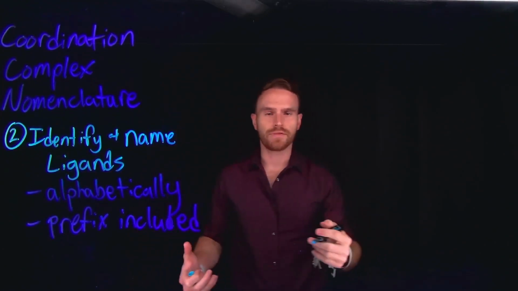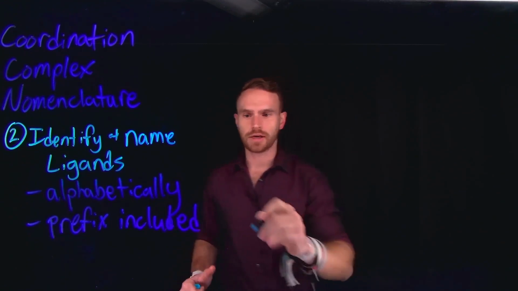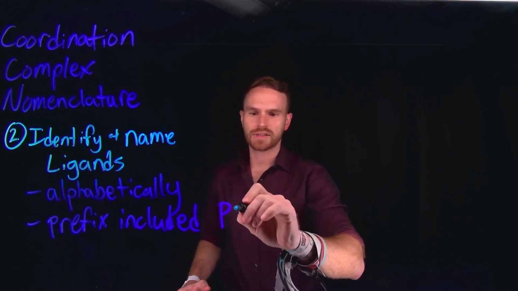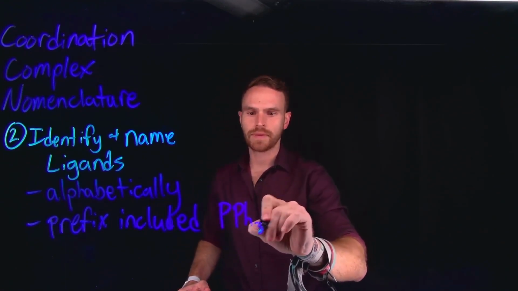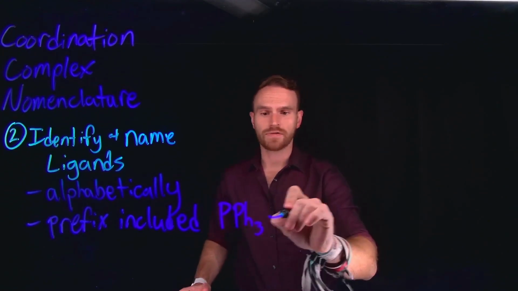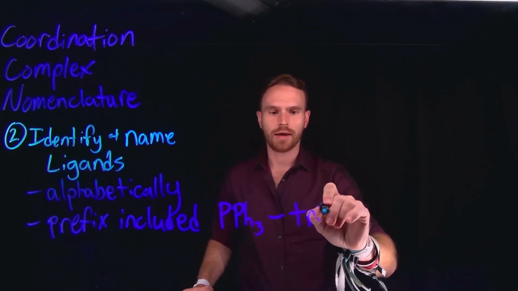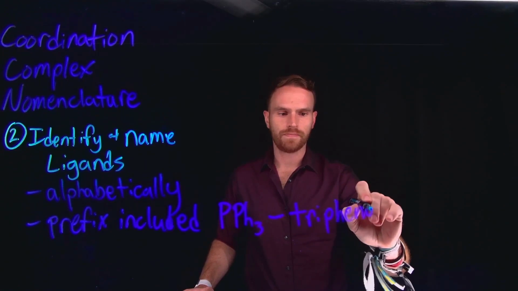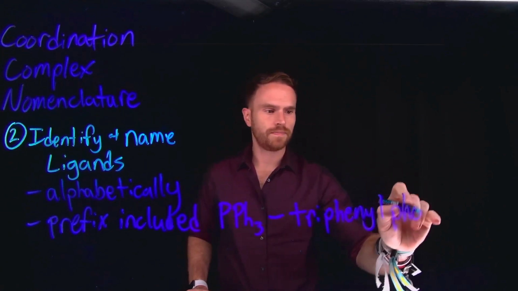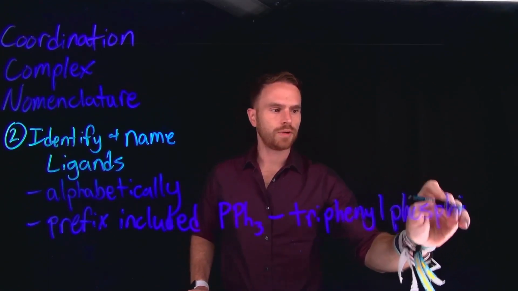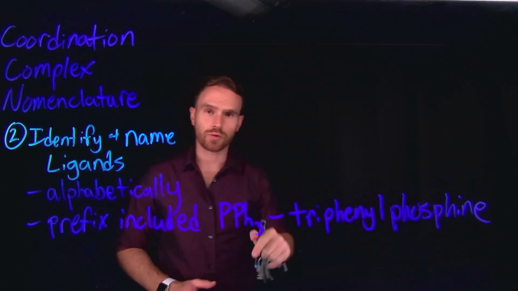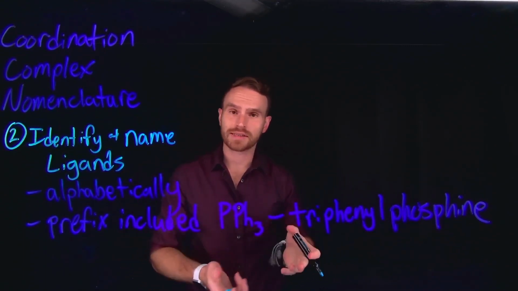So an example of this, a common ligand is a phosphine ligand. And if we have, for example, PPh3, this is called triphenylphosphine. And you need to make sure that you do include the Greek prefix if the ligand itself has that in it.